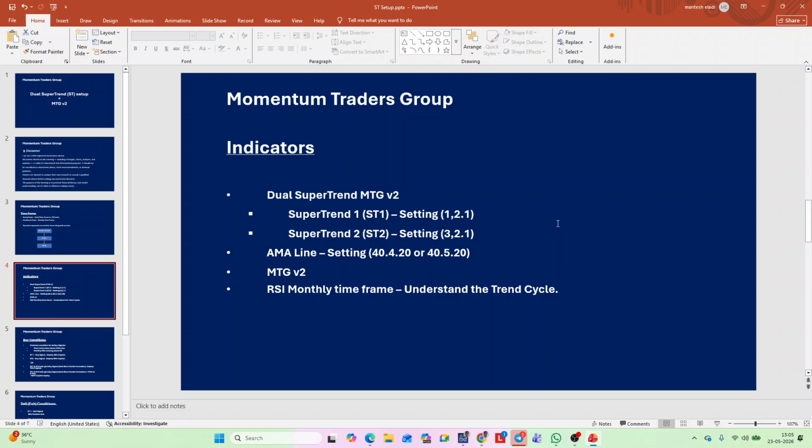And the third one is the RSI. Here we will be using the same setting, 14-period RSI, but we will not be using a daily or a weekly, we will be using a monthly RSI. But the values we will see on a daily time frame.